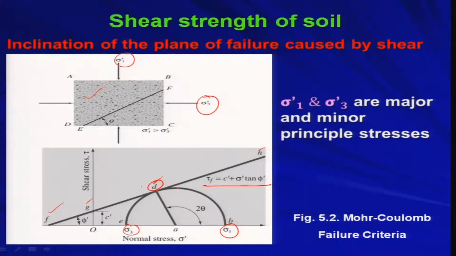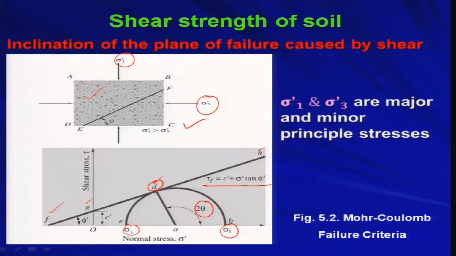If you recall your Mohr circle representation, consider the angle between the major principal stress and the failure plane. If you consider the pole method, the failure plane will be making an angle, say theta, because 2 theta is the angle in the stress field, that is, in the Mohr circle representation. In the physical plane, it will be theta only, half of that angle.